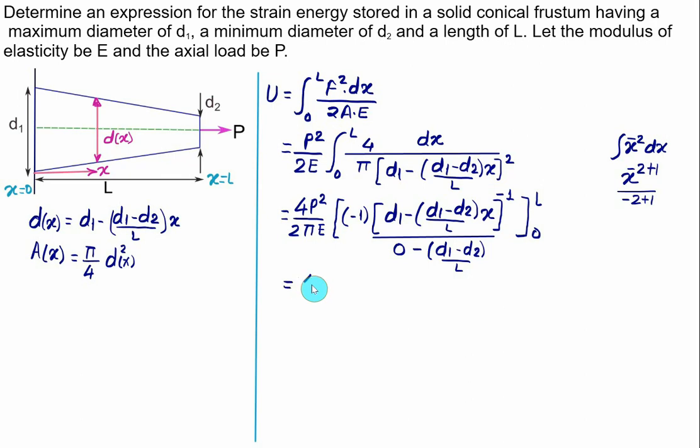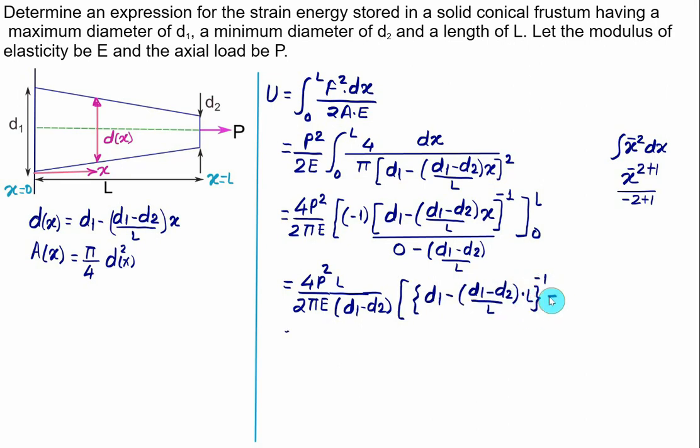So we have 4 times P square divided by 2 times pi E. This L will shift to the numerator, and in the denominator we have d1 minus d2. This power is minus 1, so you have to write this term and put the value of x equal to L. In that case I will get the first term as d1 minus (d1 minus d2) multiplied by L divided by L, and we have power minus 1.